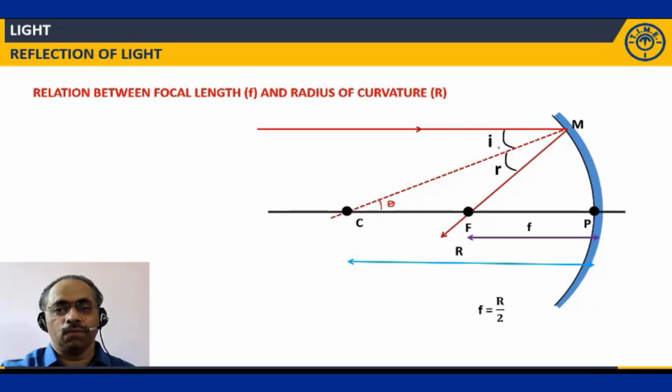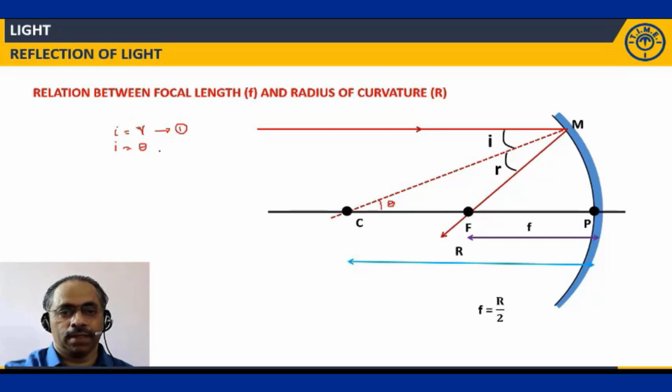And we know from the laws of reflection that angle I is equal to angle R. So I can write the expressions like this. I is equal to R. Let me take it as the first equation. Now I also got that I is equal to theta. I explained why I is equal to theta. Let me write clearly. This is the second equation. So from these two equations, I can conclude that theta is equal to R.